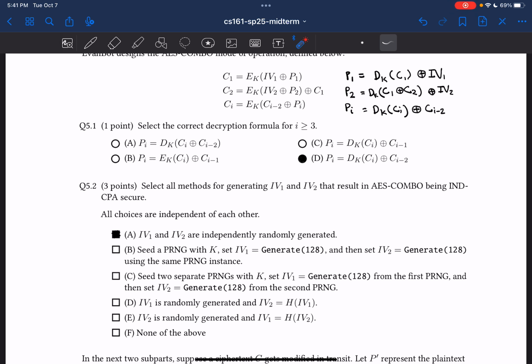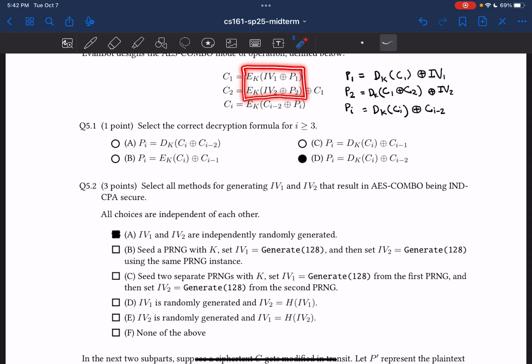What we can note is that C1 and C2 are extremely similar, and if IV1 and IV2 are the same, then the only thing distinguishing it is the XOR with C1. So we can create a message where P1 and P2 are the same, making these two chunks exactly equivalent.